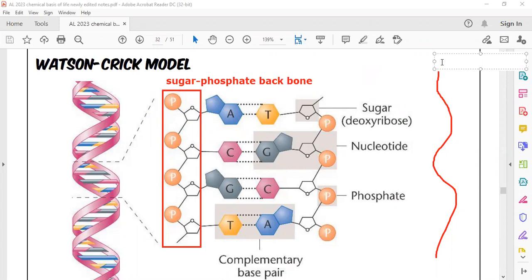In that finishing place, which carbon will be free without bonding?